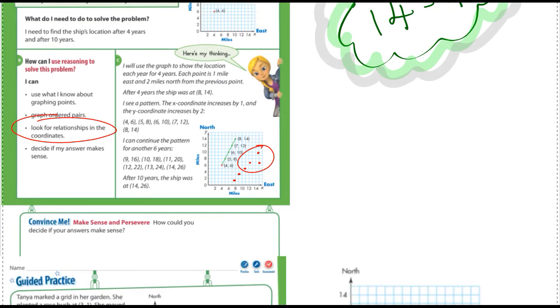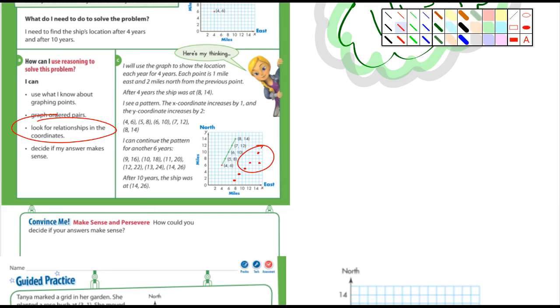They graph the points, and then you can tell where the ship is after 10 years, and they give it to you there, 14, 6. And then how could you decide if your answers make sense? I would say look for a pattern, and see if the lines are linear. That would make sense, because it's going to be a pattern if the line is linear.